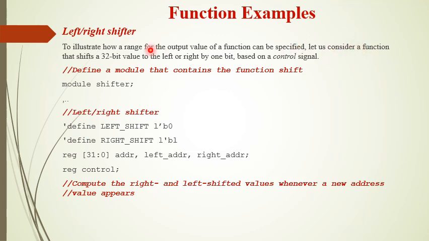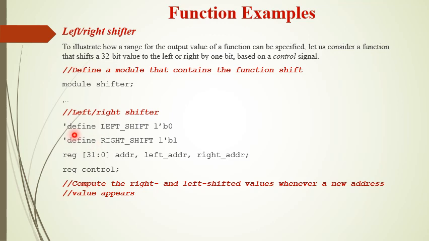So let us consider a function that shifts a 32-bit value to the left or right by 1 bit based on a control signal. For that we have a main module here, the name is shifter. We have some irrelevant stuff here which I have represented by dots.